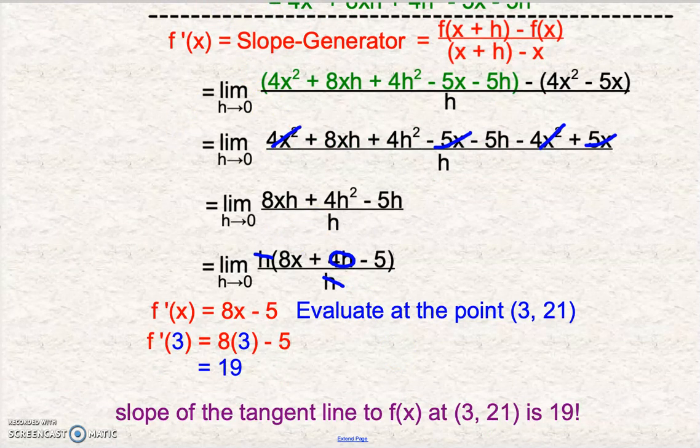So the equation is, I'm going to come over here, y minus 21 equals my slope, which we said was 19, times the quantity x minus, what's the corresponding x? 3. So that little bonus was your equation.